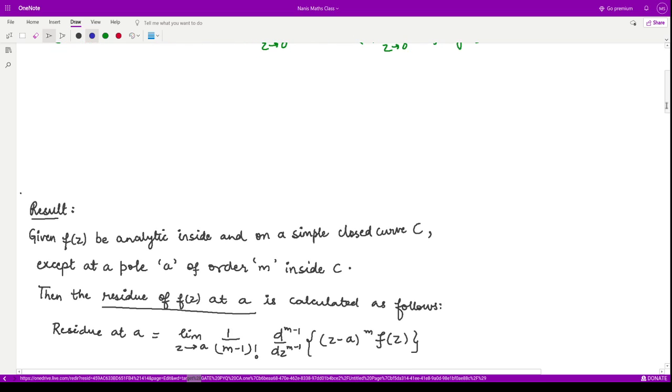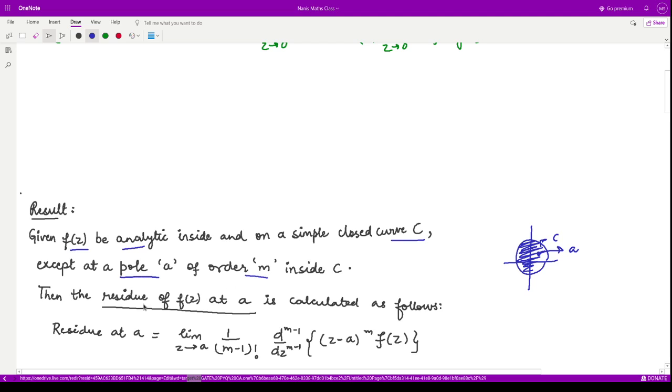So the result says, if we have an analytic function given inside and on a simple closed curve C, say this is our C curve, and the function on this boundary and within this region is analytic, except there is some point A where it is not analytic, and it is a pole of order m, right?